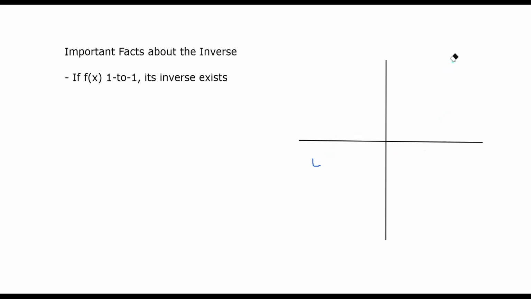Imagine we had something that looks a little bit better, something that was monotone, meaning it's always going one way, either strictly increasing or strictly decreasing. Imagine a function that was just decreasing the entire time.